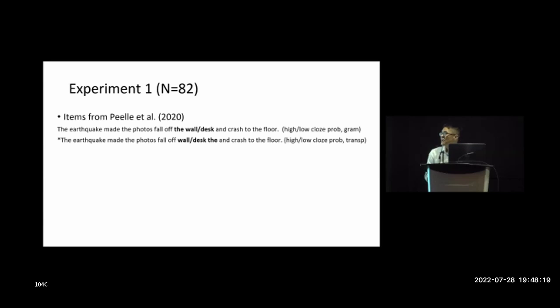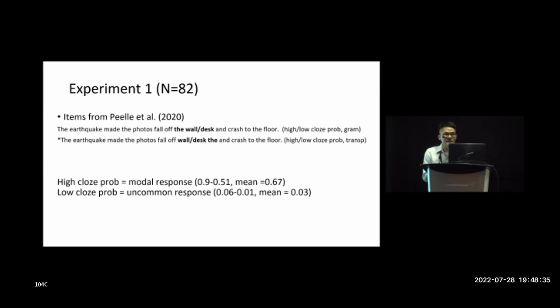Our items were from Pili and colleagues, which is a large-scale closed norming study. From each of their sentences, we picked 2 closed responses, and we added the same ending context for each sentence pair. One is the modal response most people gave, and the other is a response very few people gave. This is our critical manipulation.